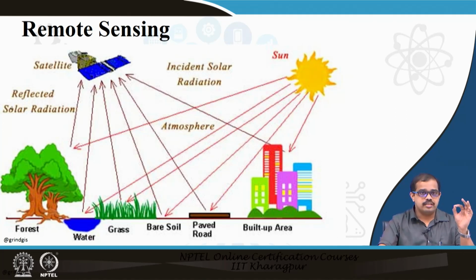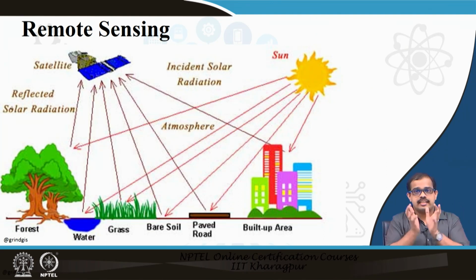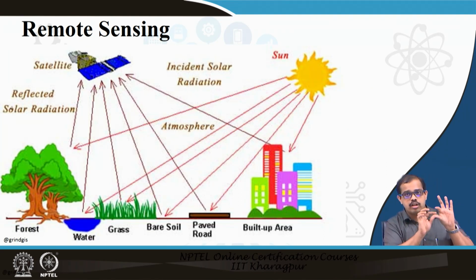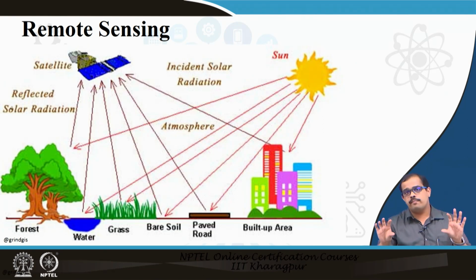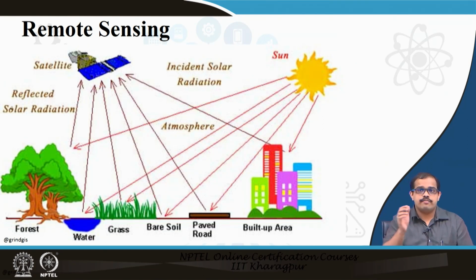The amount of reflectance that reaches the satellite is then captured by the sensors on board the satellite. This is then converted from an analog form to a digital form and given to you as data. When the data is sensed by the sensor, it is normally in analog form.